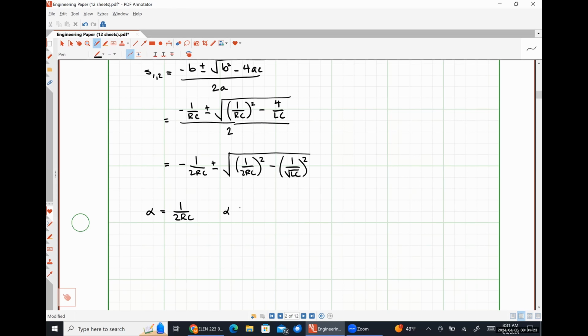So alpha is what's known as the Neper frequency, measured in Nepers per second, where Neper is a dimensionless quantity, and it's effectively playing the role of something similar to a time constant in these second order circuits, okay? So it's describing how the exponential decay is going to occur.